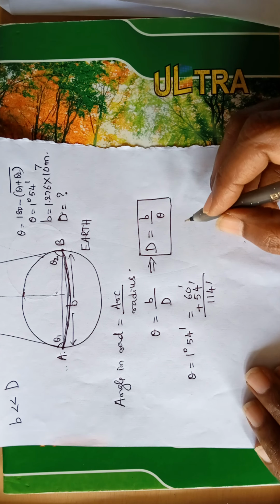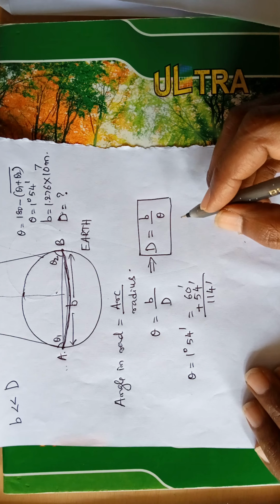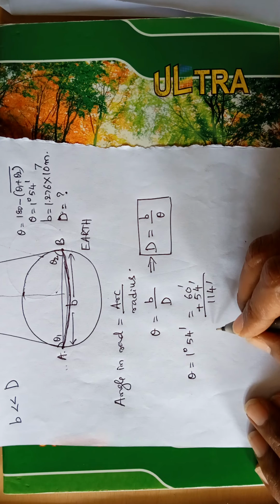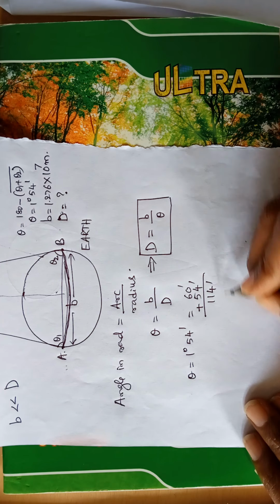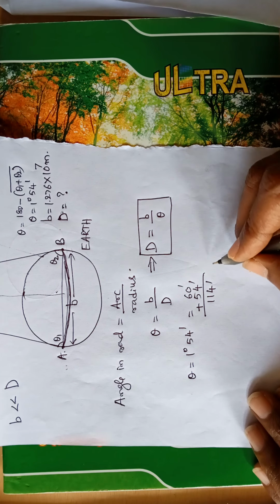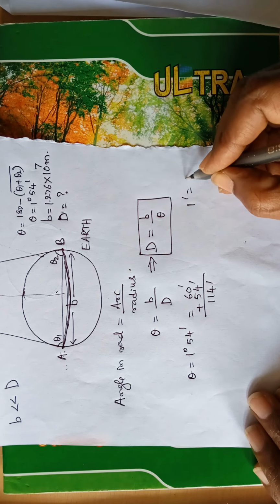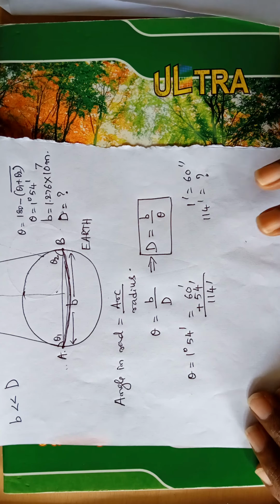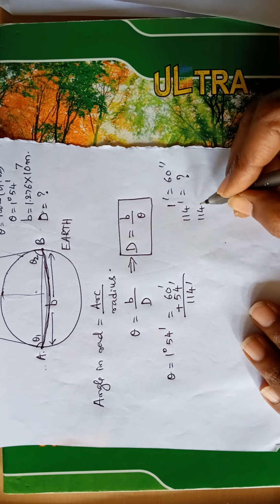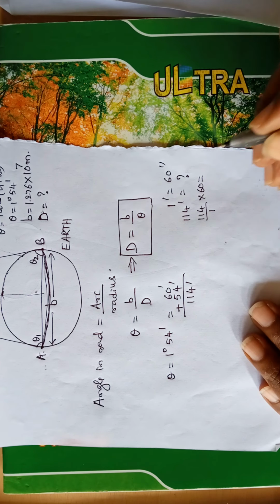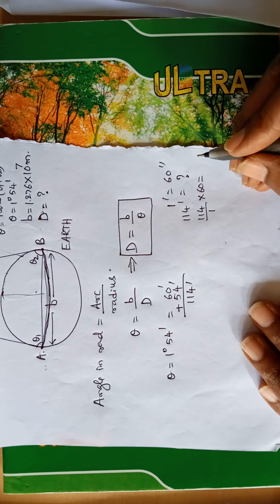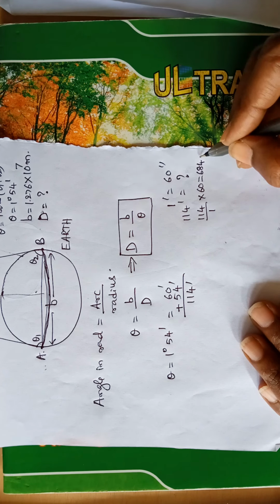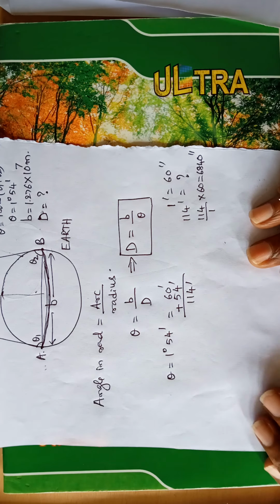Now this angle theta is in minutes, so you can convert this into seconds. 1 minute is equal to 60 seconds. 114 minutes is equal to how many seconds? 114 into 60 is equal to how much we get? 6840 seconds.